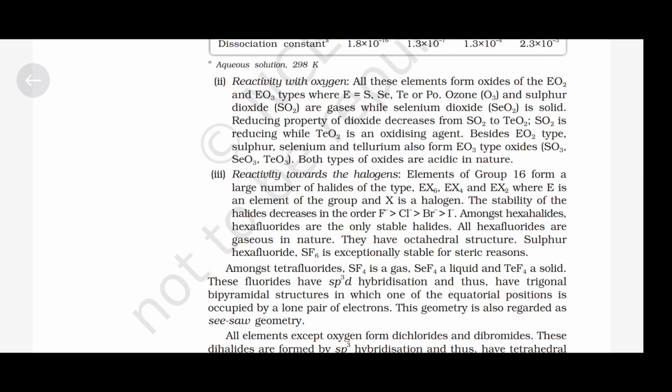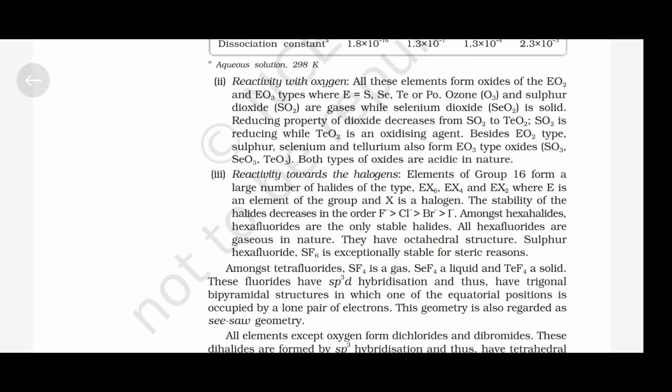Reactivity with oxygen. All these elements form oxide of EO2 and EO3 type, where E is sulfur, selenium, tellurium, or polonium. Ozone O3 and sulfur dioxide SO2 are gases, while selenium dioxide is solid. Reducing property of dioxide decreases from SO2 to TeO2.